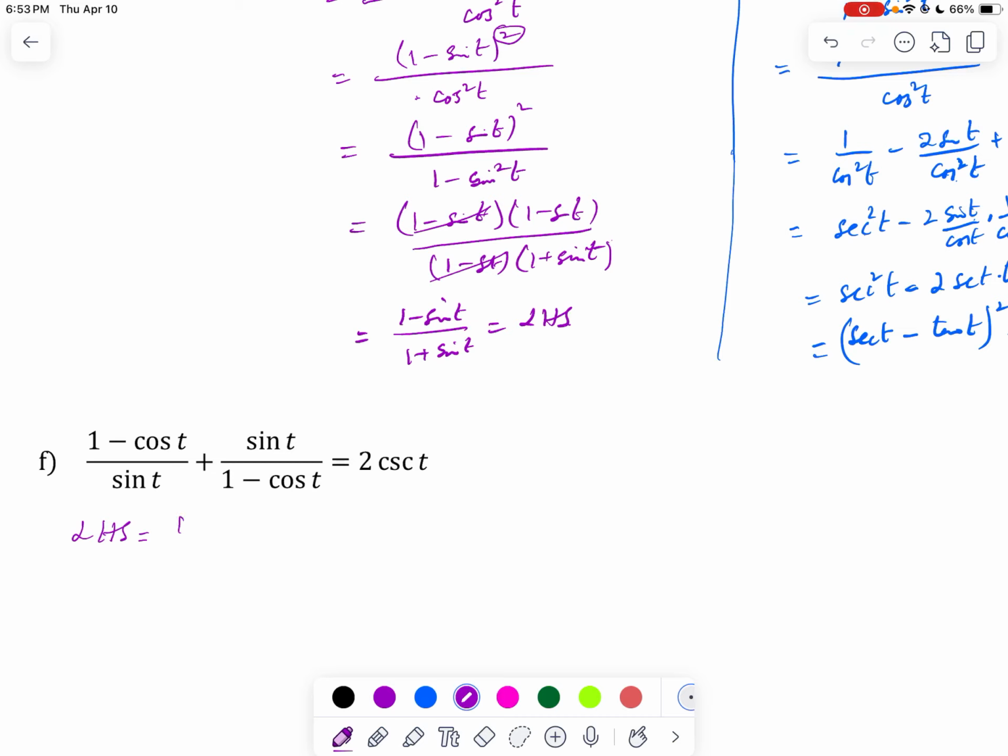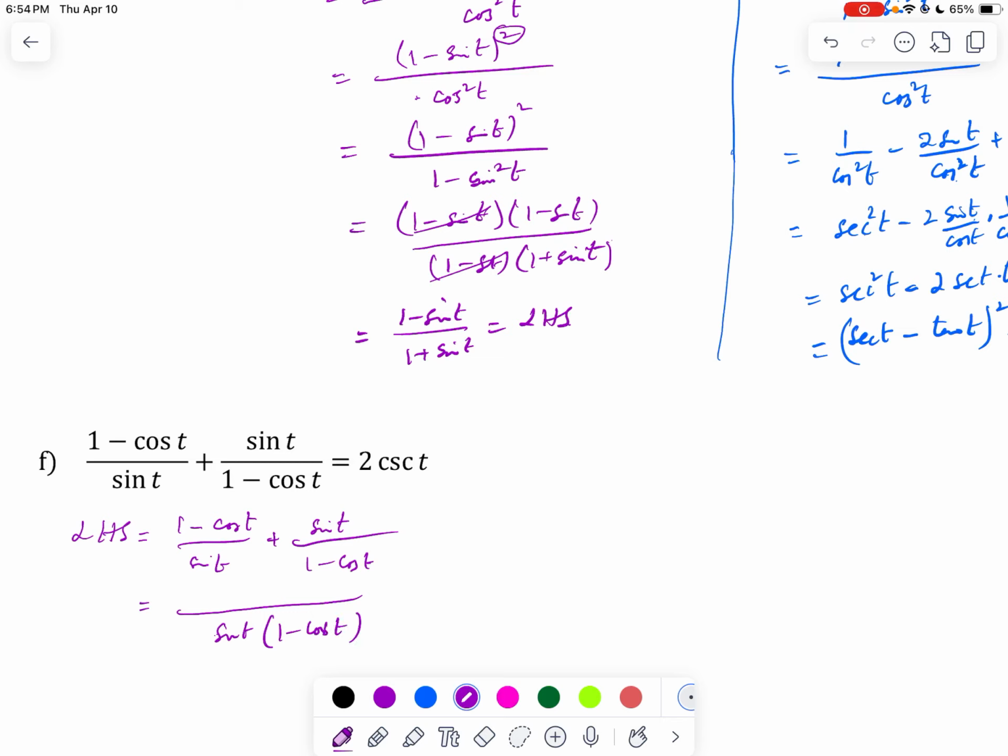So we have 1 minus cosine t over sine t plus sine of t over 1 minus cosine of t. What should I do? Take the common denominator. So what is the common denominator here? Sine of t times 1 minus cosine of t.